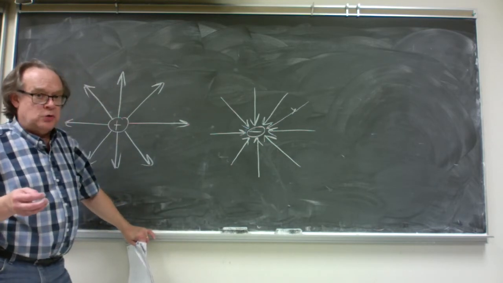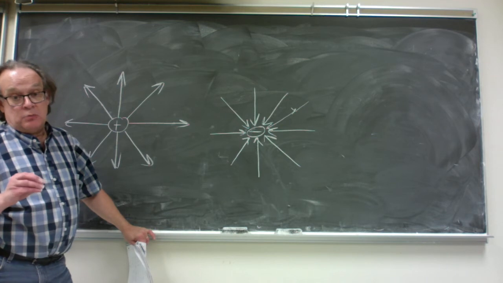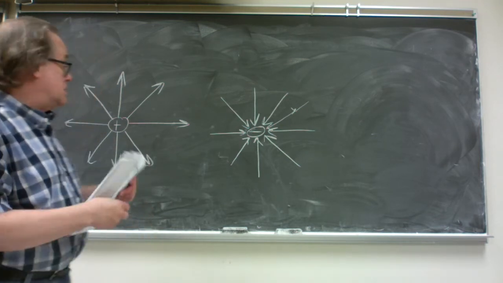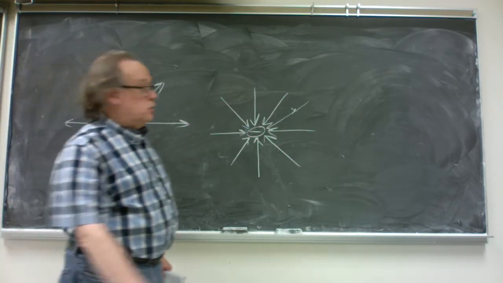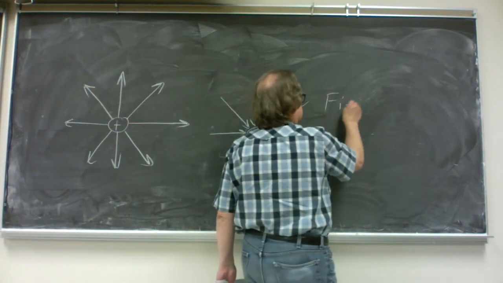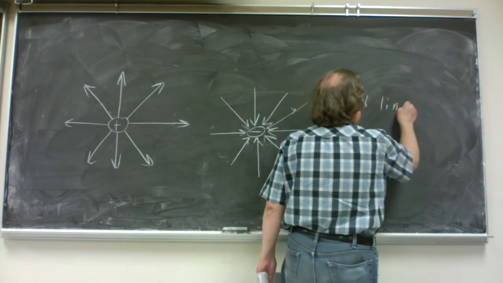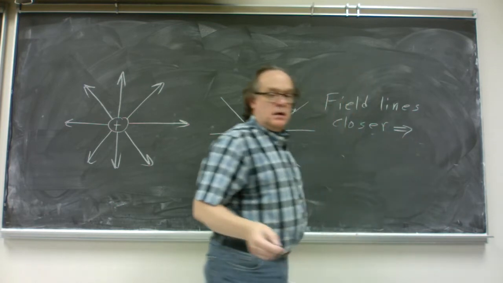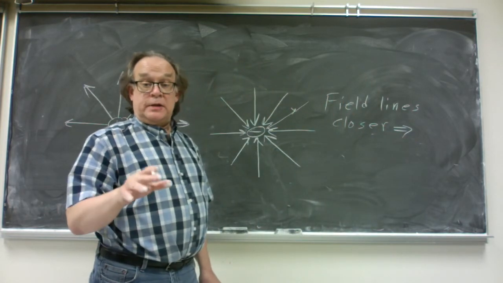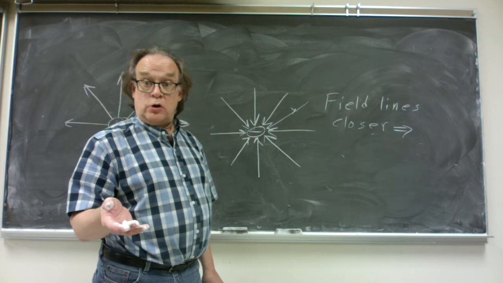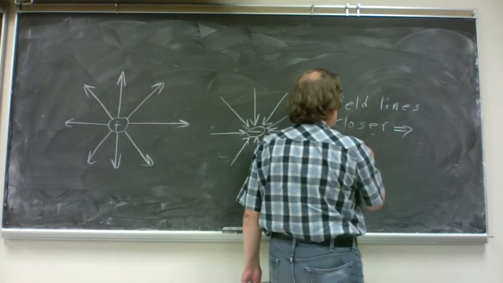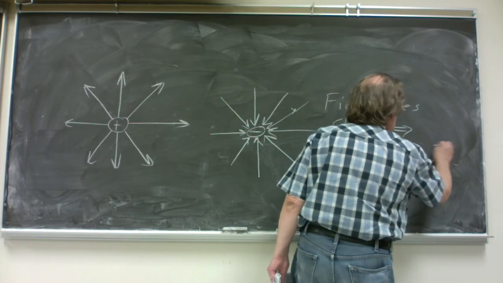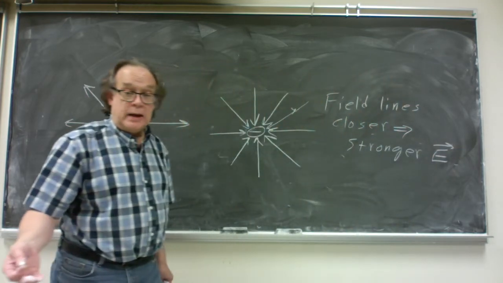Now, one other thing to notice here, and this is maybe the more significant thing that a drawing of field lines tells us. Wherever field lines are closer together, that means that in that region of space the field is stronger. The field has a bigger magnitude.